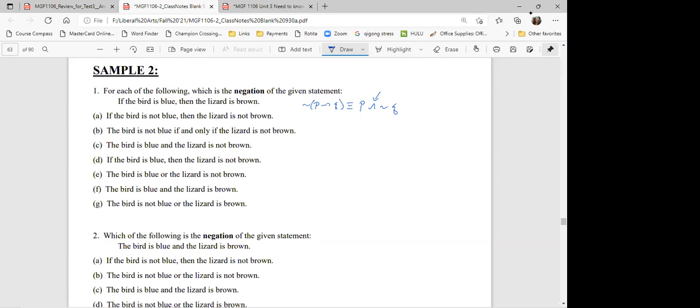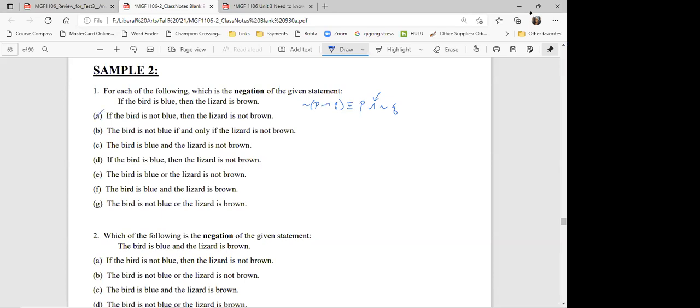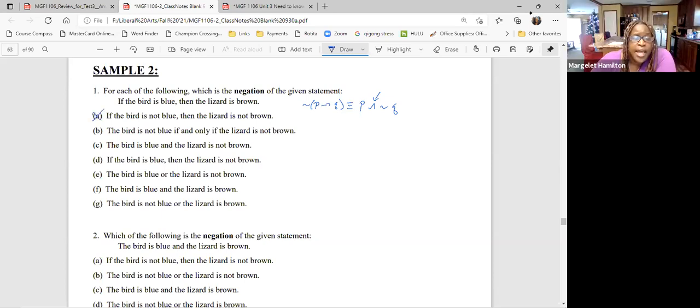If. So let's get rid of the ones that start with an if. Which ones can I get rid of? A and D. Gone. A is gone and D is gone. Those are if-then statements. We know it doesn't negate to itself, okay?